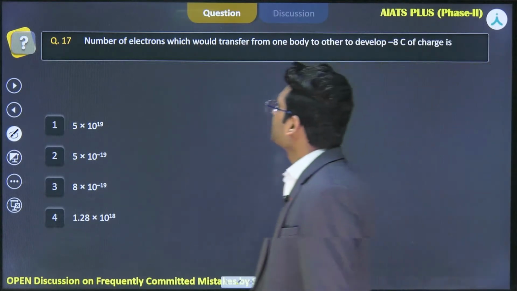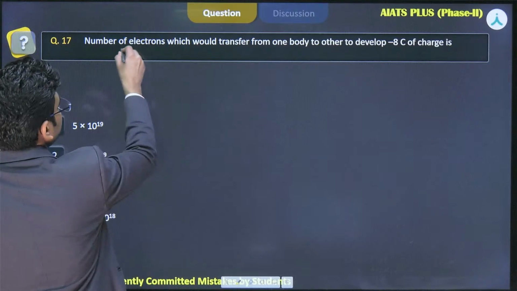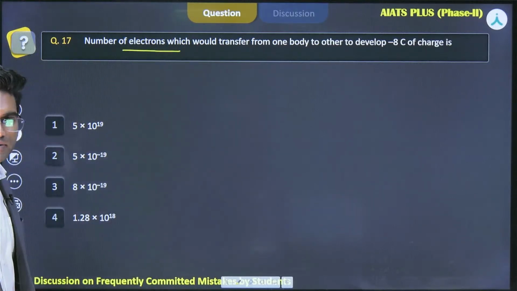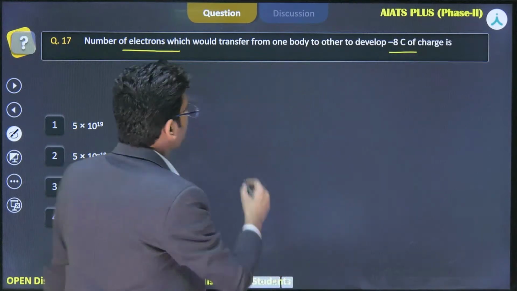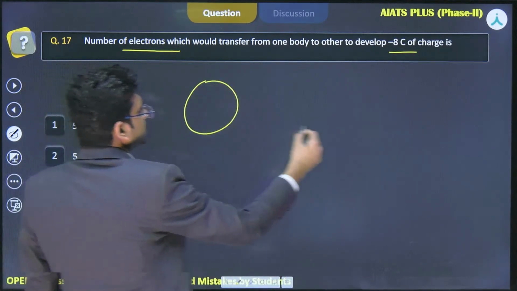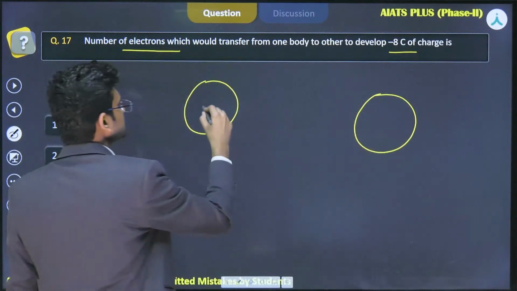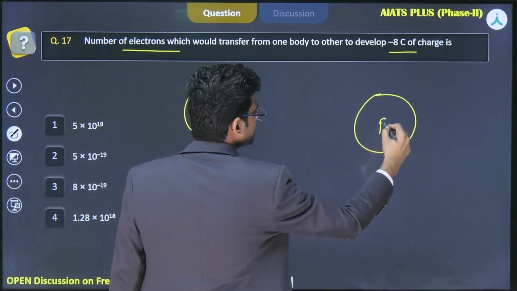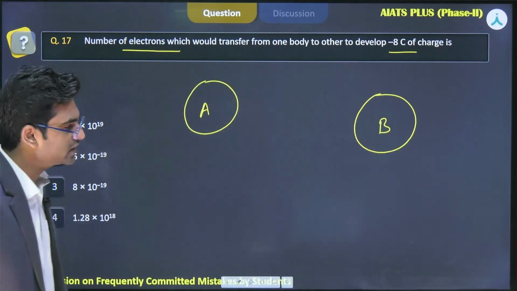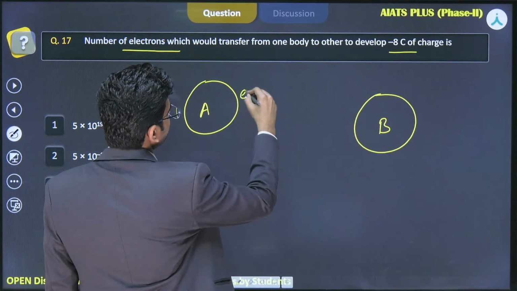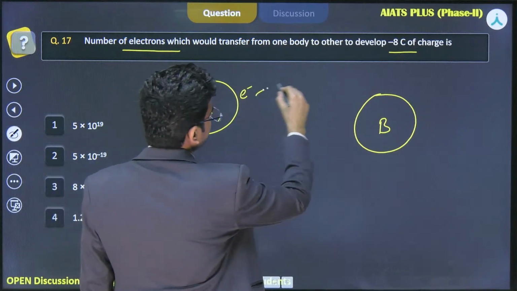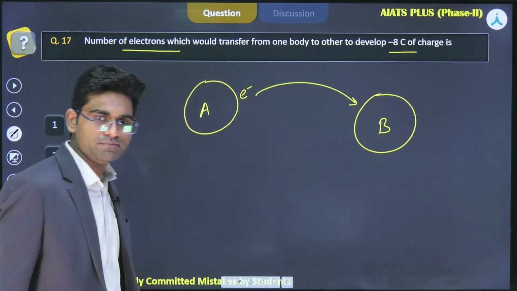Okay. Now, as you can see, electrons are getting transferred from one body to another, and there is -8 coulomb of charge. Okay. So let's say there are two bodies. This is body A and this is body B. Both are neutral initially. Now, if I take some electrons from this and transfer them to this body, then what would happen?